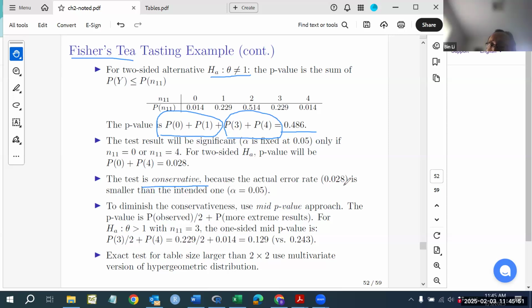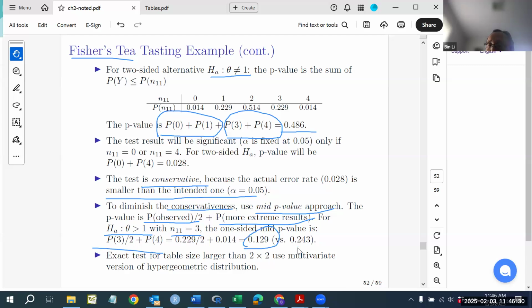So the Fisher's exact test is very conservative, because the actual error rate, 0.028, is smaller than intended. To diminish this conservativeness, we can use the mid p-value approach for the Fisher's exact test, which uses half of the probability of the observed plus the probability of the more extreme. If the alternative is one-sided and N11 is 3, the mid p-value approach gives 0.129.